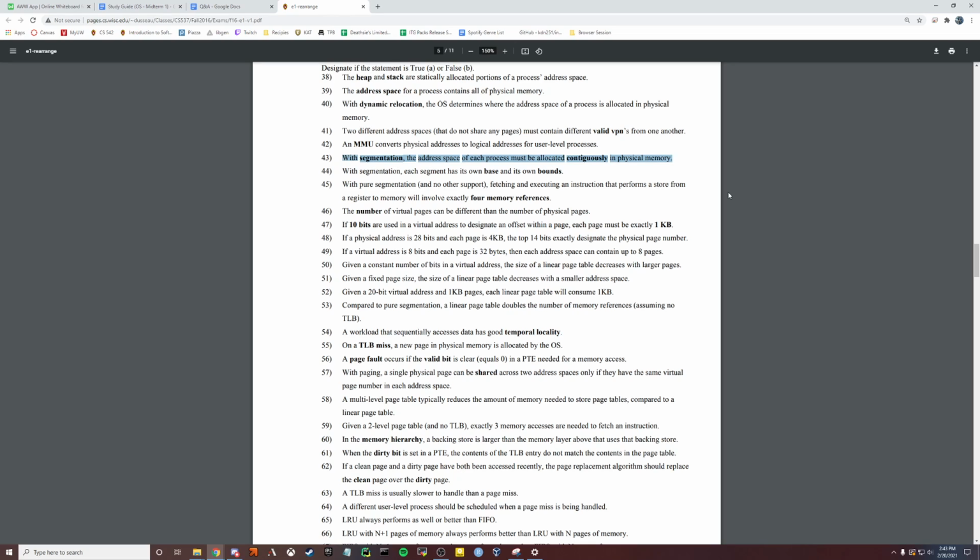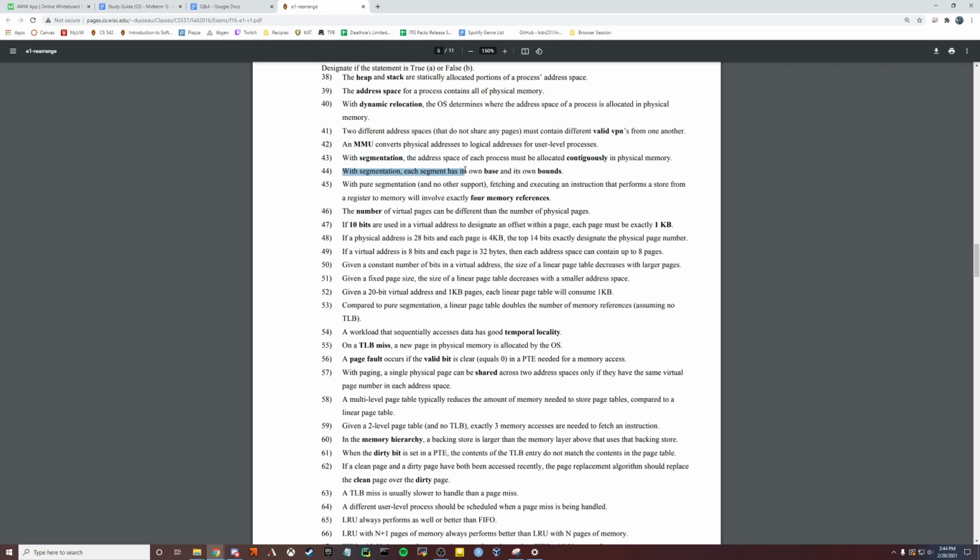So false, again, it's the wording, I think. The address space of each process must be allocated contiguously. So not the segments. The segments themselves must be contiguous, but the whole address space of the process consists of segments. Okay, that makes sense. False.